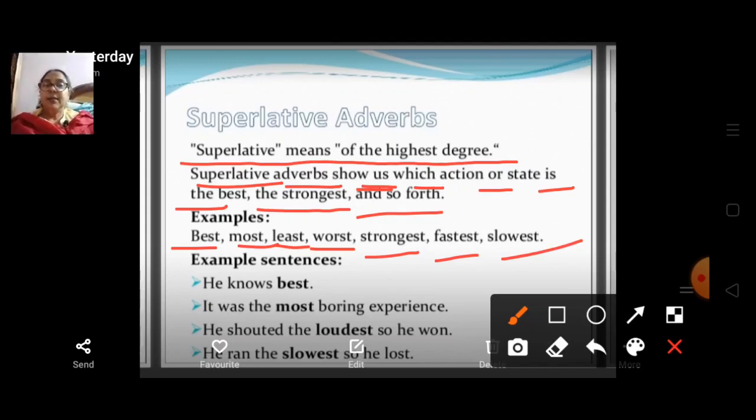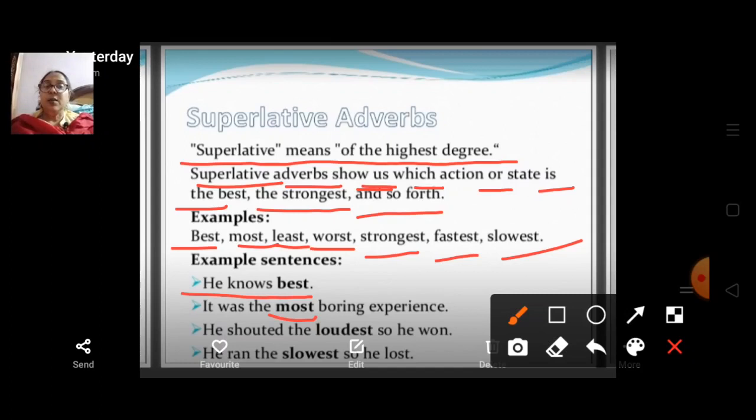And examples are given here. He knows best. It was the most boring experience. Here we cannot compare it with one thing, so it is most. More and most: more is a comparative degree and most is the highest, beyond any comparison.